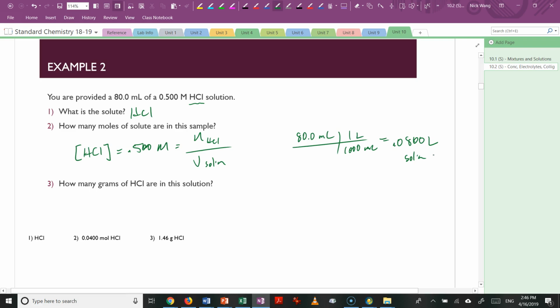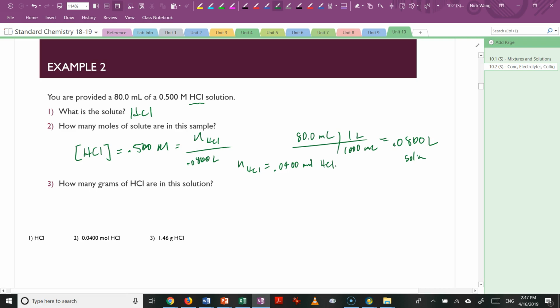So let's stick the number in here. I'm going to do that, and then we have 0.0800 liters of solution, and then solve for the mole amount of HCl in a separate step here. Assuming you can rearrange that, no problemo, you're going to get 0.0400 moles of HCl.